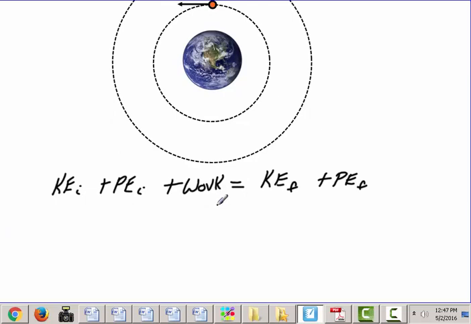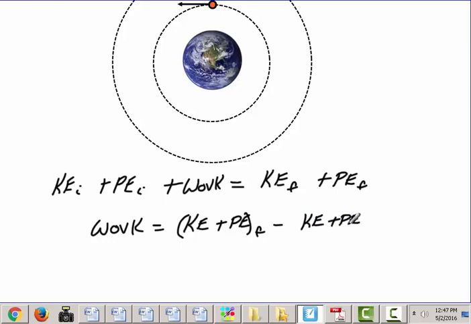If we solve for work, we can say that work is equal to KE plus PE, these are final values, minus KE plus PE initial.